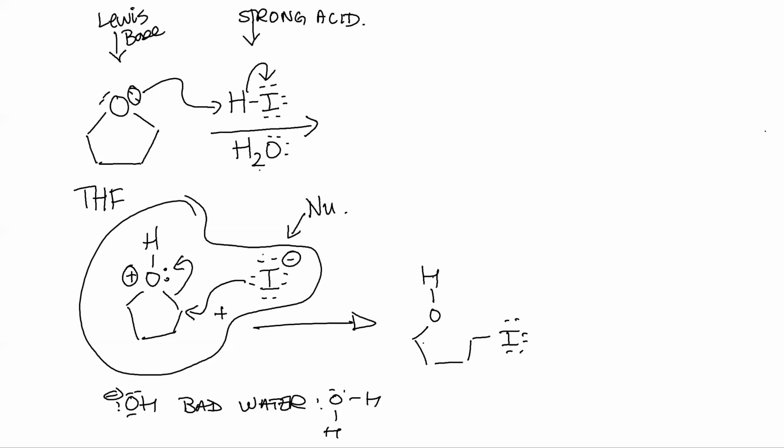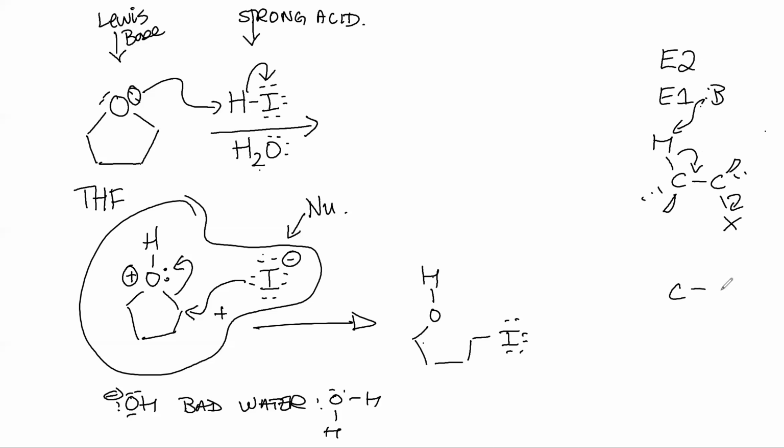If you think of E2 and E1 elimination reactions, let's do an E2 here. Our base is coming along and grabbing this proton, and that's leaving to form our alkene.